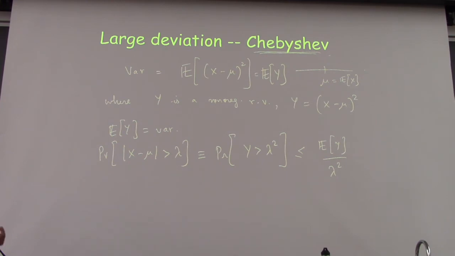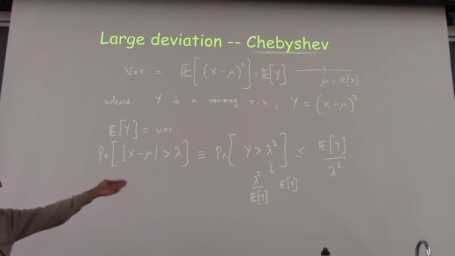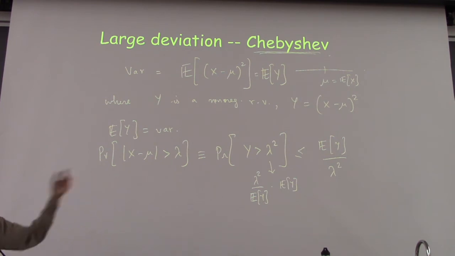Markov basically said that if you have a non-negative random variable, the probability that you are t times away from its expectation is at most 1 over t. Here you can think of t as lambda squared divided by E of Y. Now you put it into the form of Markov's inequality that you knew, so this is t, and this is 1 over t.